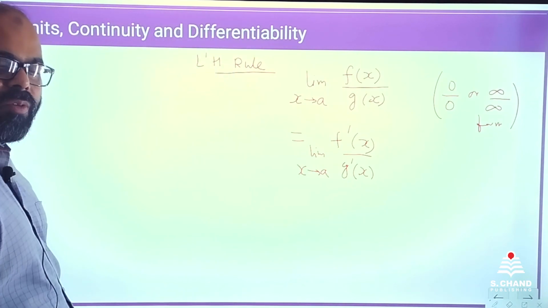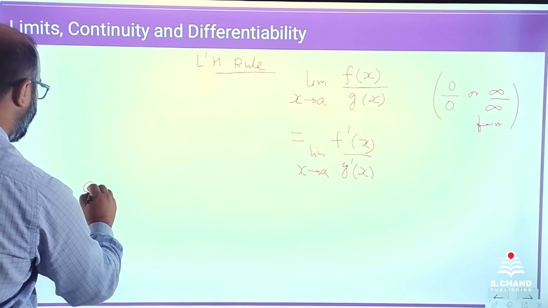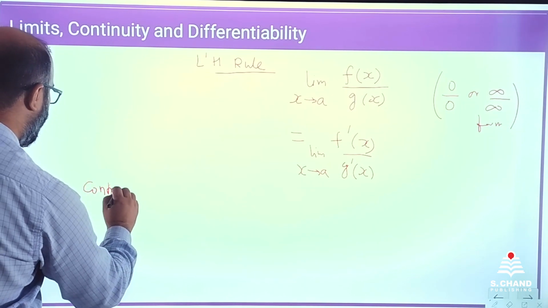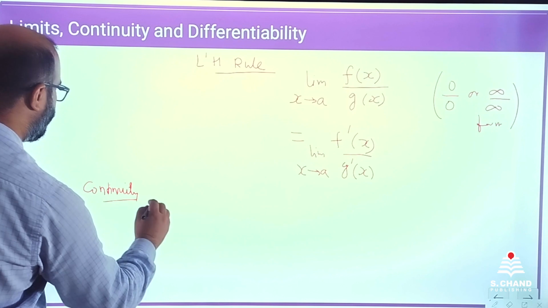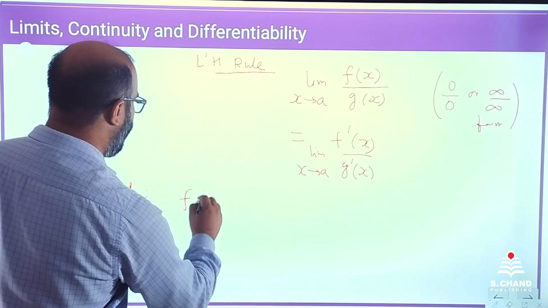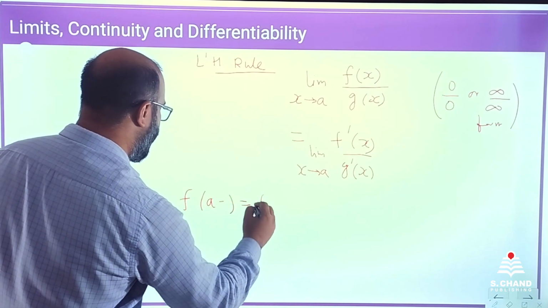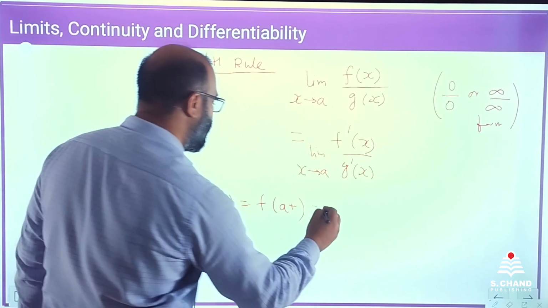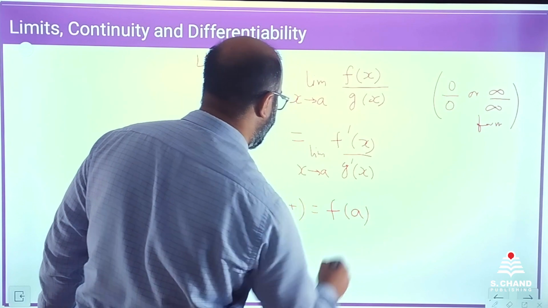Then we have the concept of continuity. The concept of continuity is, if we have a function continuous at a point, then its left hand limit is equal to its right hand limit is equal to the value of the function at that point.